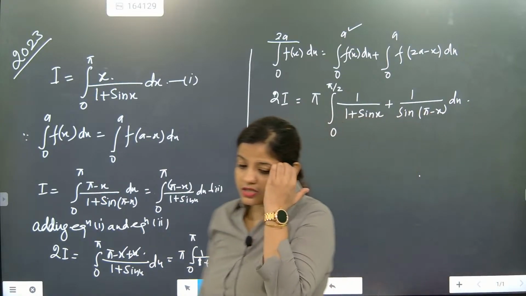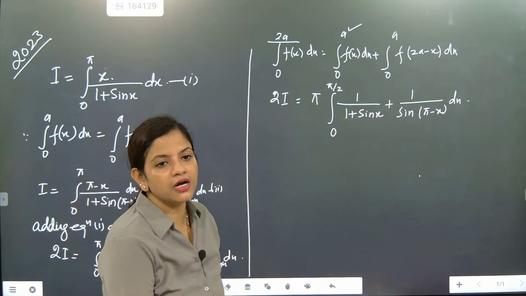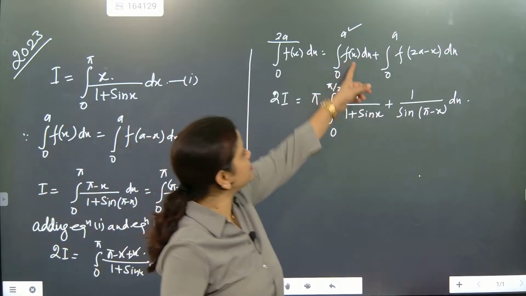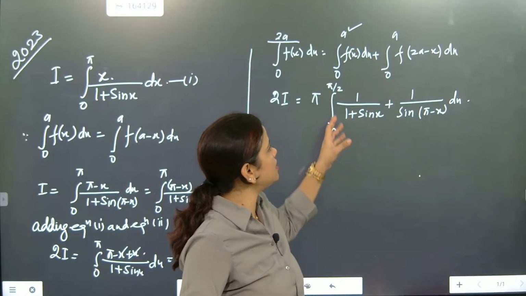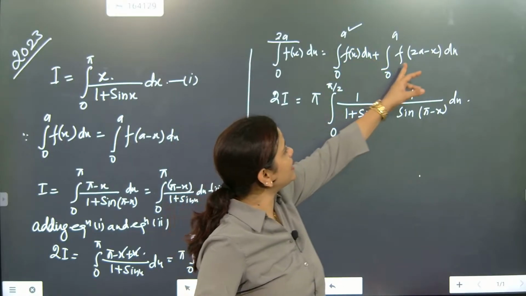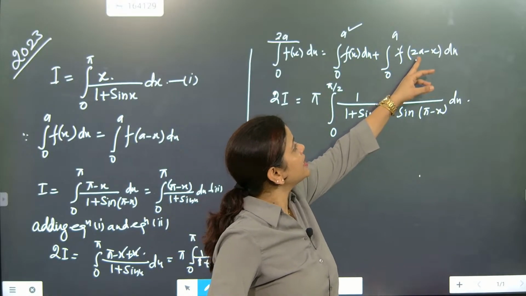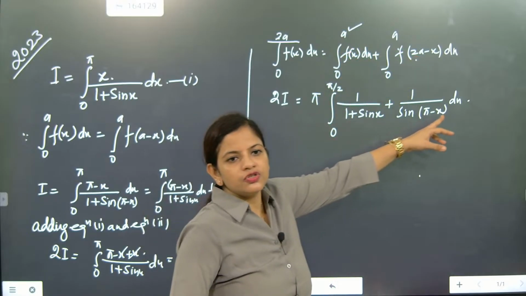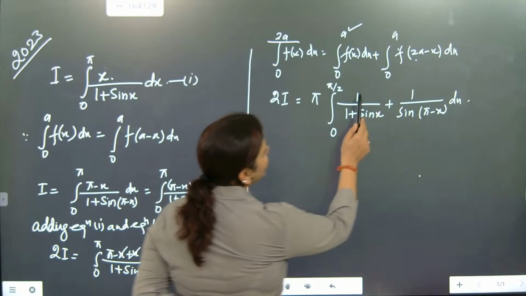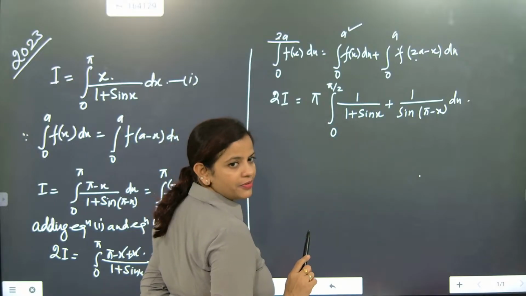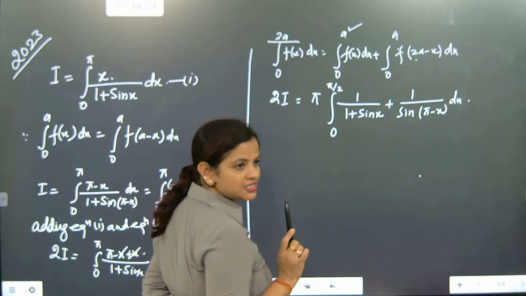Done? This is one of the most important things. One time f of x is written as it is. Next time, because the lower and upper limits are the same, I took it out, and one time it becomes sine of, so instead of 2a, pi is there, so it will become sine of pi minus x. Listen very carefully: here 1 by 1 plus sine x is there.